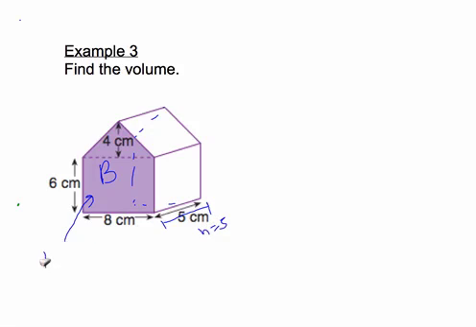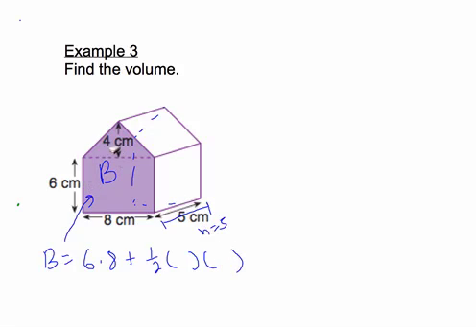We're going to find the area of the purple base right now. The area is going to be 6 times 8 for the square part, and then we're going to add the area of the triangle. The area of the triangle is half times base times height.